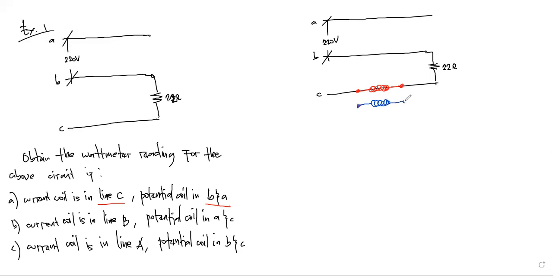Take note that the potential coil is in B and A. Again, we follow the notation from left to right, so the left terminal of the potential coil is connected to B.